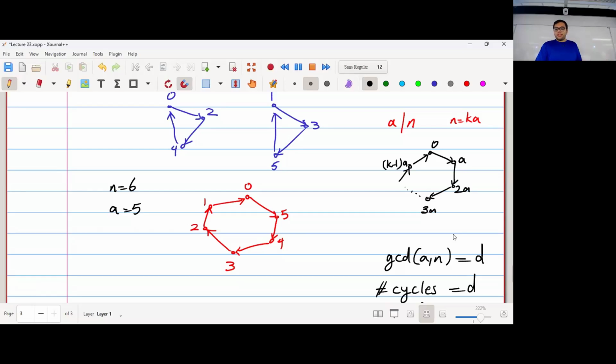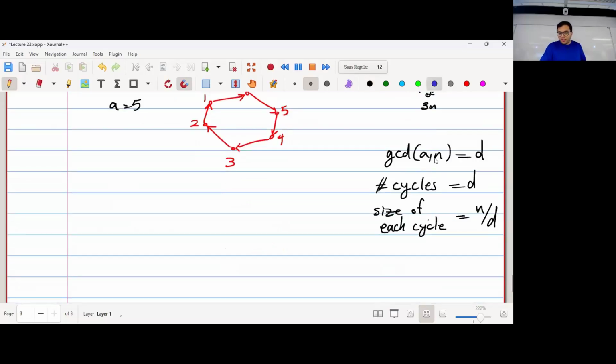But I can also prove that d itself appears in this cycle, right? Because remember, if d is the GCD of a and n, then d can be written as some linear combination of a and n. So d can be written as some ax plus ny, right?